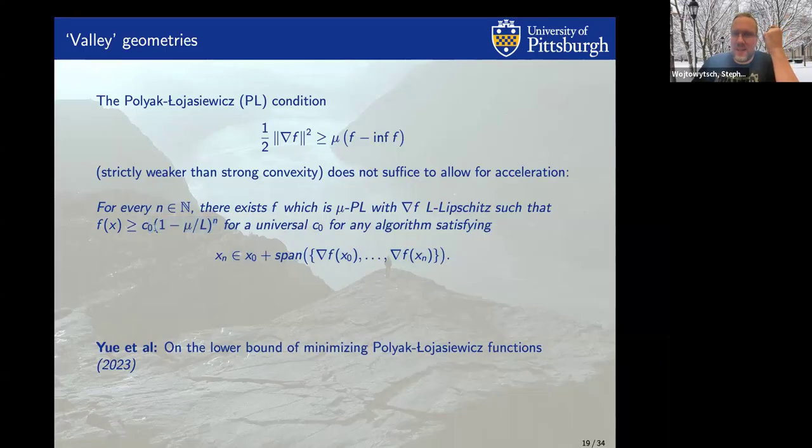So this is the exact same rate that gradient descent gives us. We've got a function, we've got a constant here, so we can do better in terms of the constant, but we can't do better in terms of the rate uniformly over the function class.